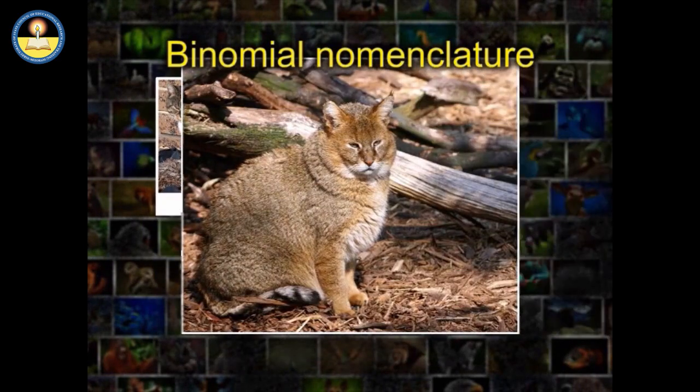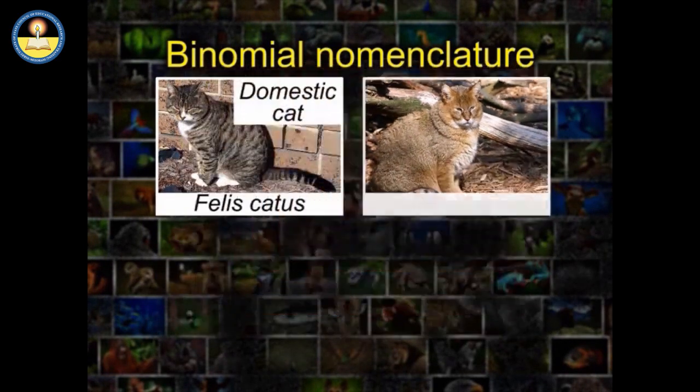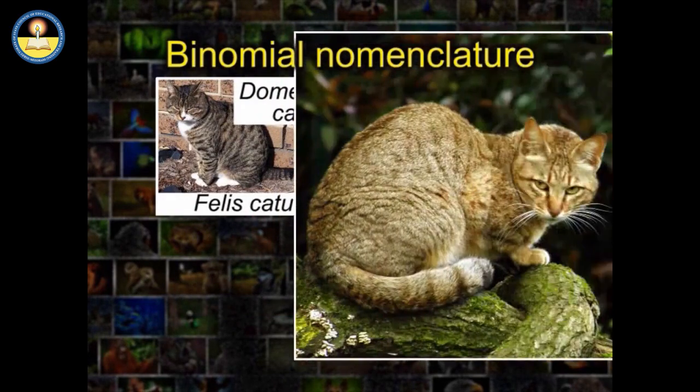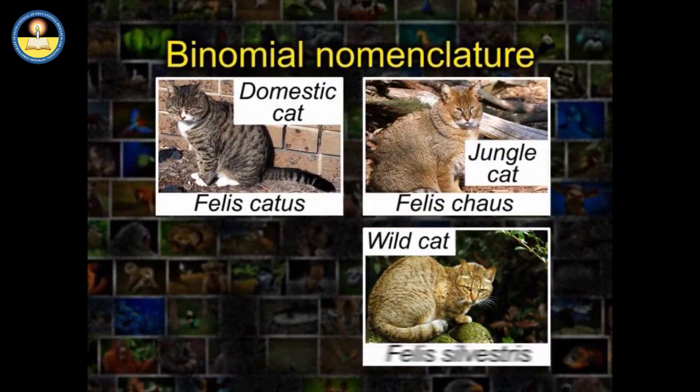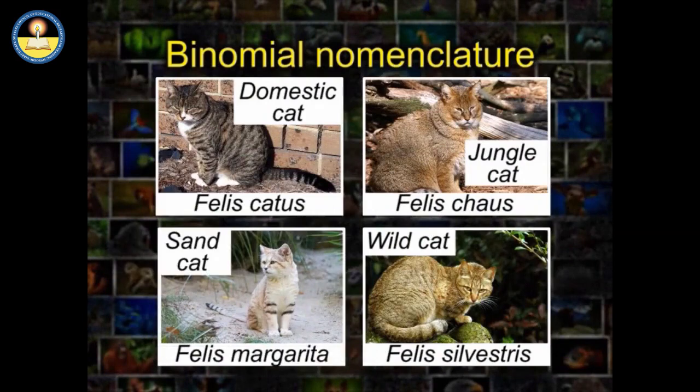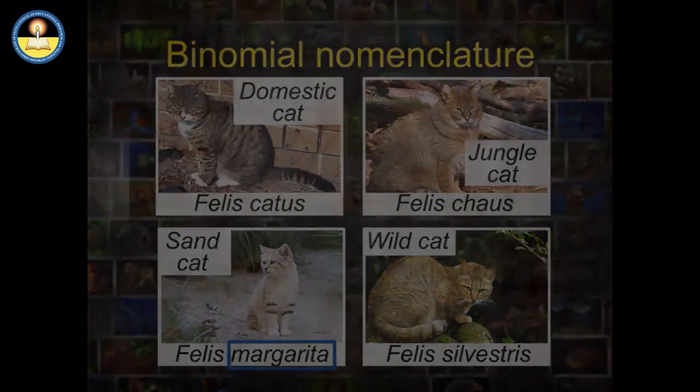Other feline species, such as the jungle cat, is named Felis chaus, wild cat as Felis sylvestris, and sand cat as Felis margarita. All these four cats belong to genus Felis, but each represents a different species: catus, chaus, sylvestris, and margarita.